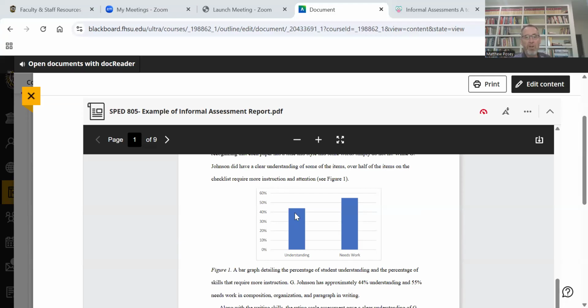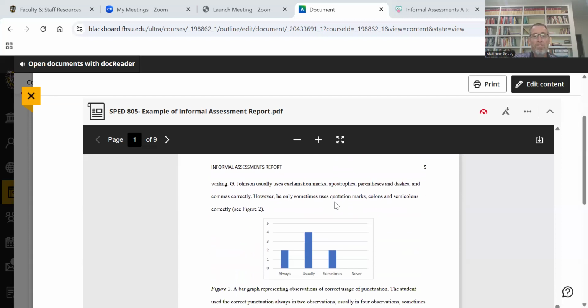So you can see here, for this particular student, about 42% of the skills had an understanding, and about 55% needs work in composition, organization, and paragraph writing. Raw data right there. So for informal, we're just getting raw data and putting it in a table, chart, or graph.